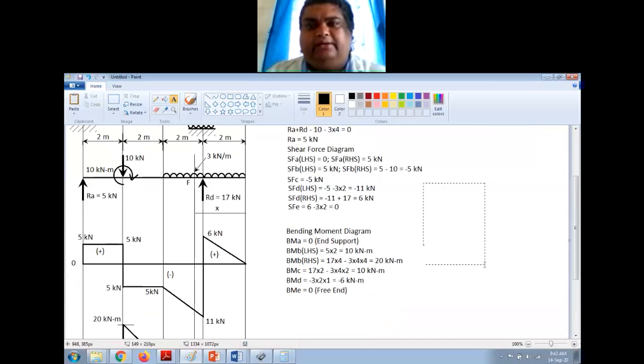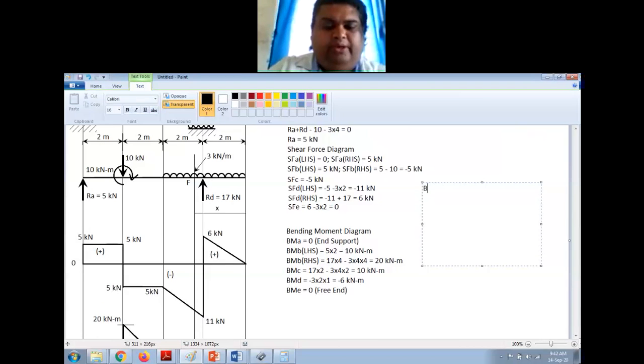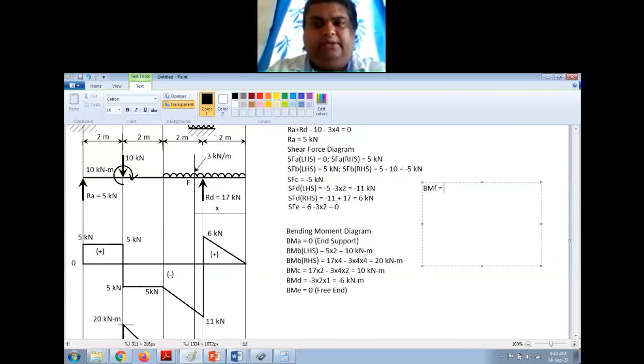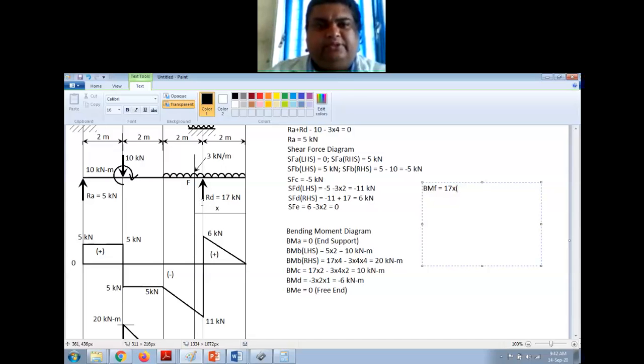You can calculate this. So BM at F is equal to, I'm considering the right side. So I have vertical force. So that will be positive 17 into the distance, which is x minus this length, that is 2. That is the perpendicular distance of RD, and because of this UDL it is a downward force, so it will be minus 3.